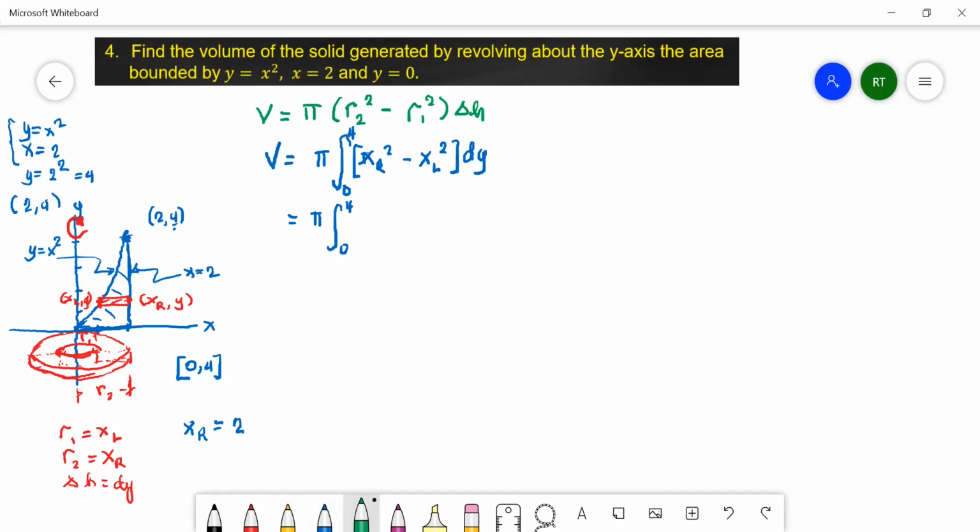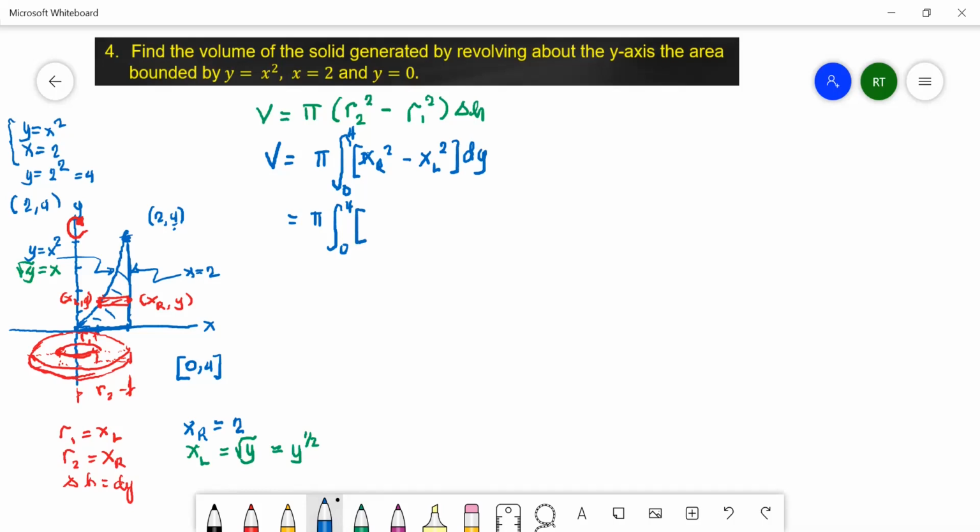Therefore, if we solve for x here, we have to get the square root of both sides of the equation so that the square root of y is equal to x. So xl is equal to the square root of y, and the square root of y, of course, is y raised to 1/2 in exponential form.